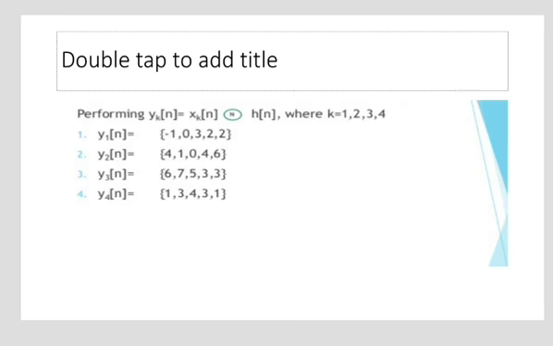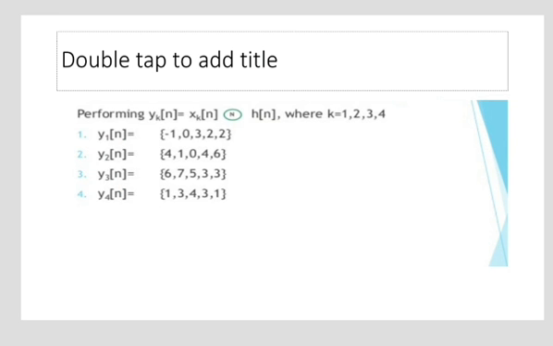Next is performing yk(n) equal to xk(n) circular convolution h(n). Now what is the value of k? K is nothing but 1, 2, 3, 4. Here we have to find the 4 values y1(n), y2(n), y3(n) and y4(n).